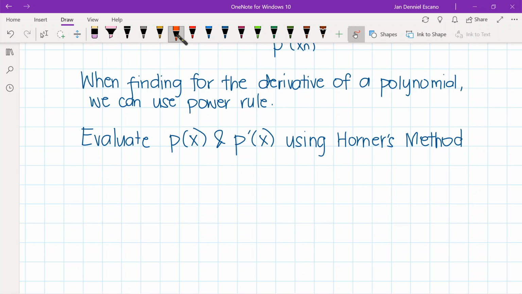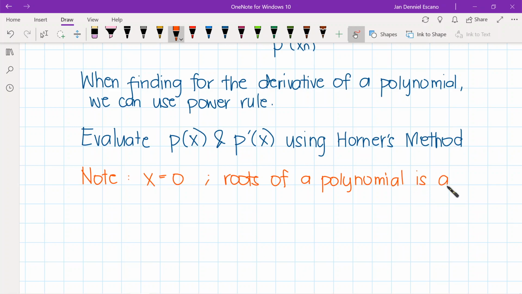And for some cases in algebra, if there are too many roots, say for example, we have a 7-degree polynomial, therefore it has around 7 roots. If we don't know where to start, take note that our starting point here, we can set x is 0, because sometimes the roots of a polynomial are a mixture of positive and negative numbers.